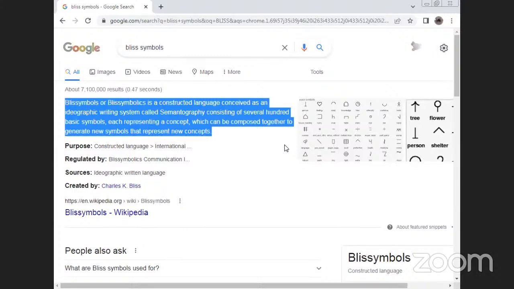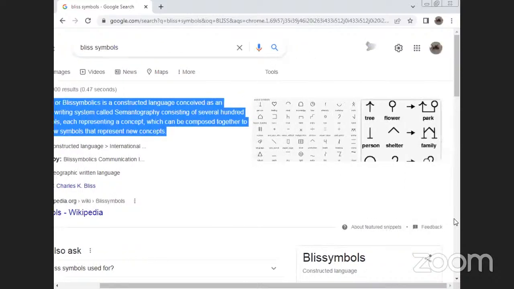Yes, so bliss symbols are also known as bliss symbolics. It is a constructed language conceived as an ideographic writing system called sematography. And this writing consists of several hundred basic symbols, each representing a concept, which can be composed to generate new symbols that represent new concepts.